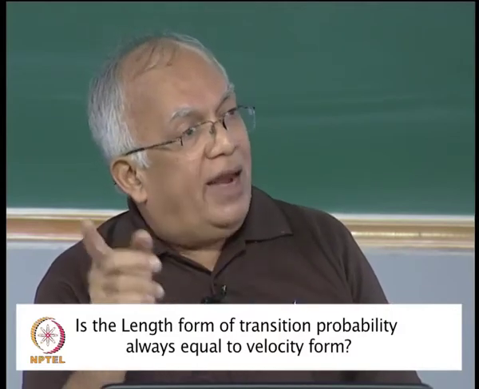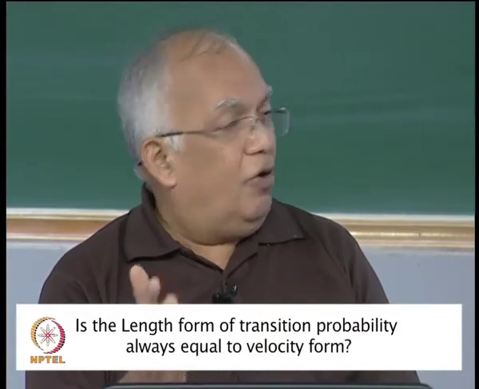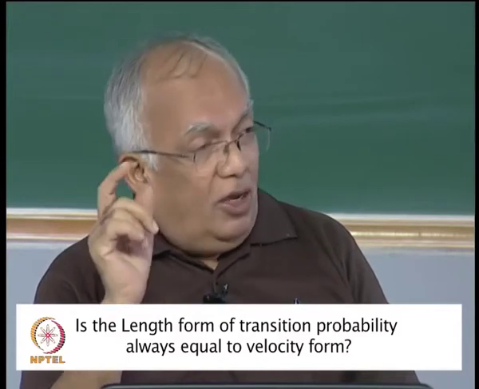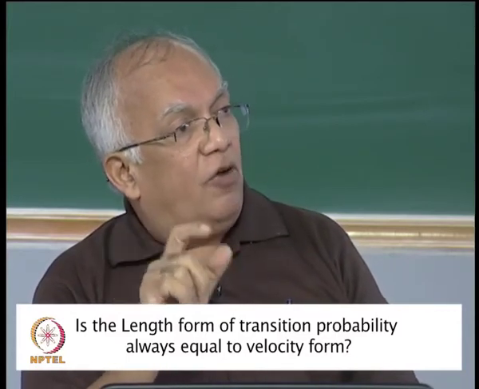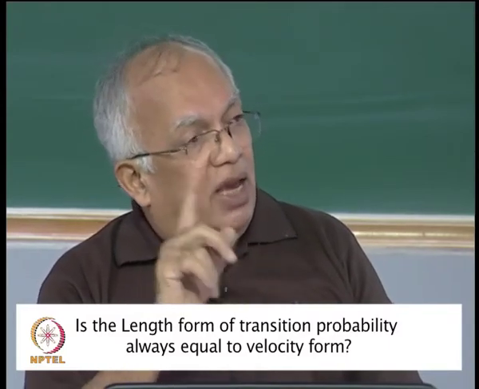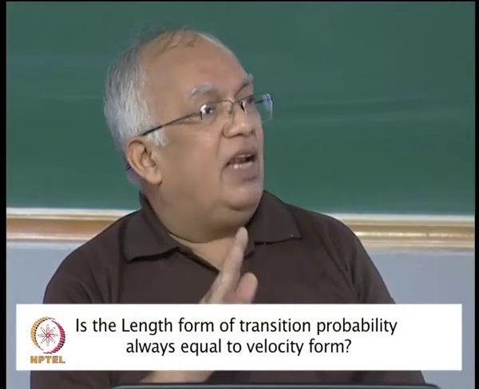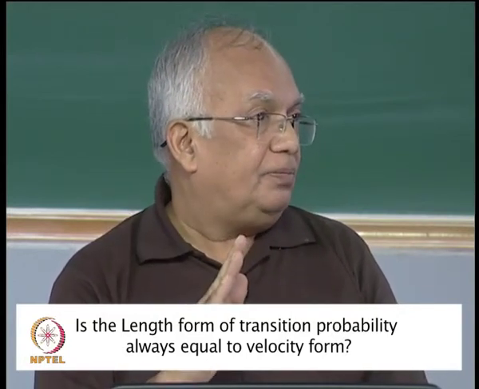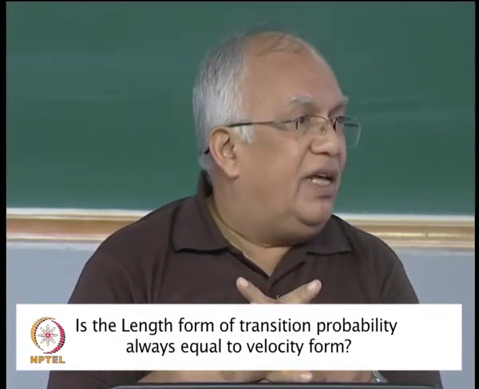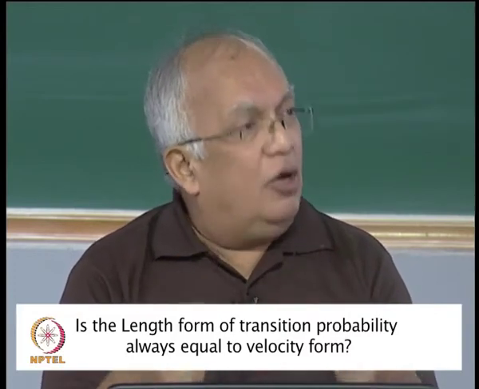However, if you make a local density approximation to the Hartree-Fock, like the Slater exchange approximation or any local density potential, then the effective potential will again become local, and that is required for the equivalence between the length form and the velocity form. So typically the equivalence holds good for local density potentials.